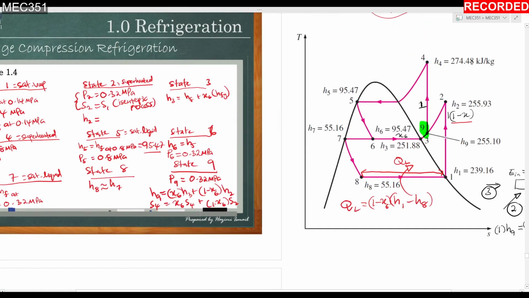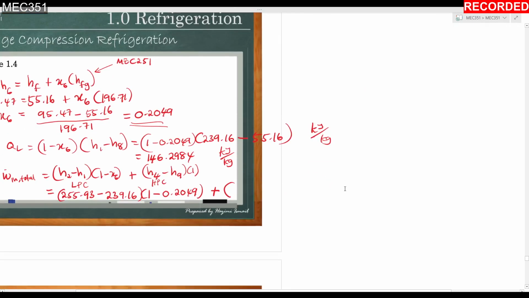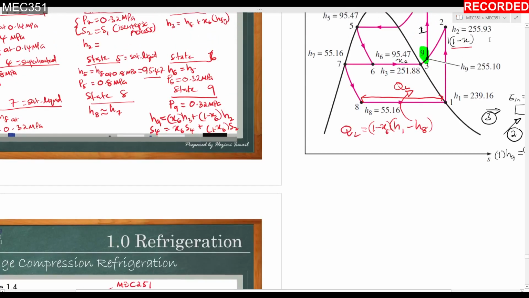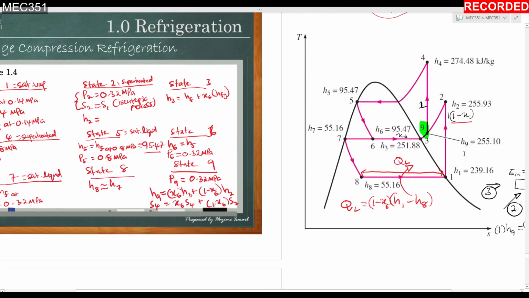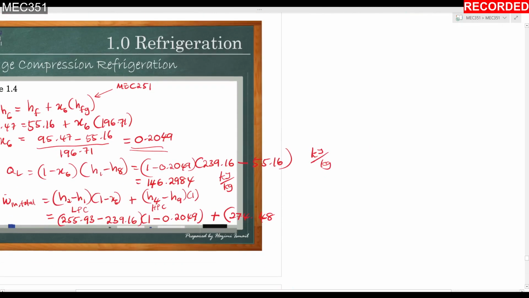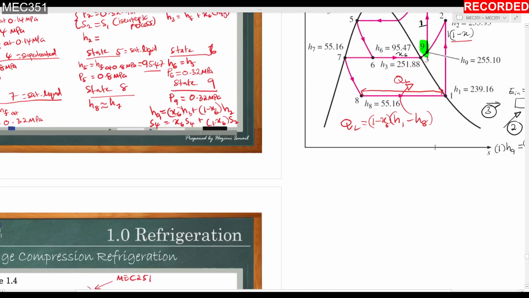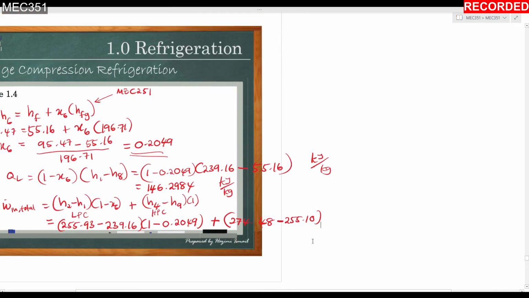H4 value is 274.48, right? Okay, H9 is 255.10. I checked.